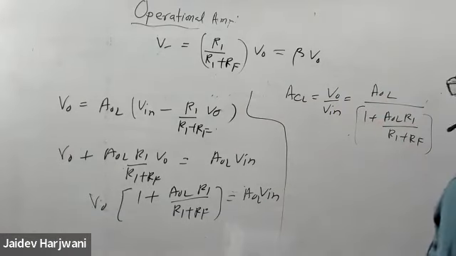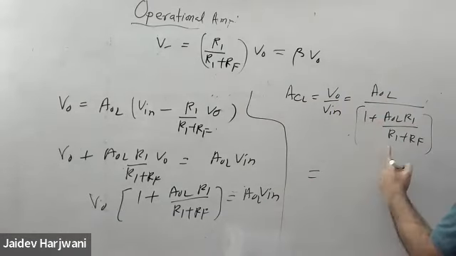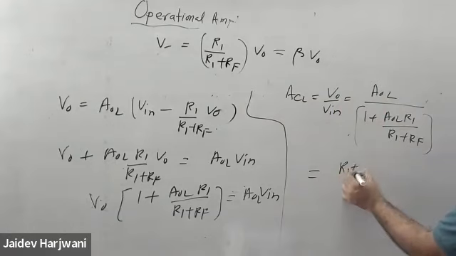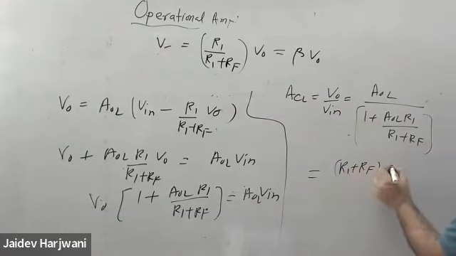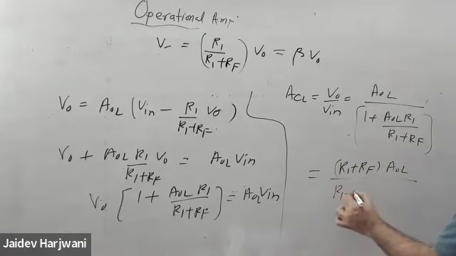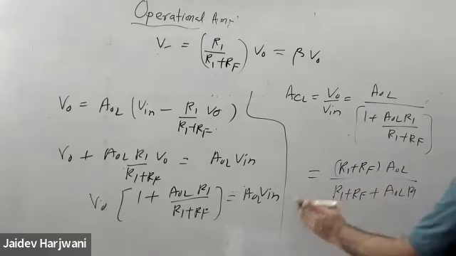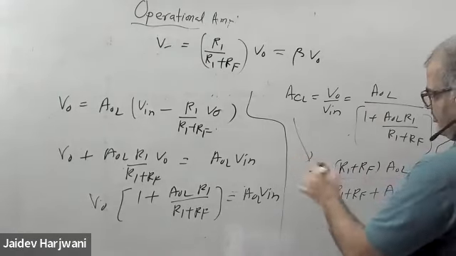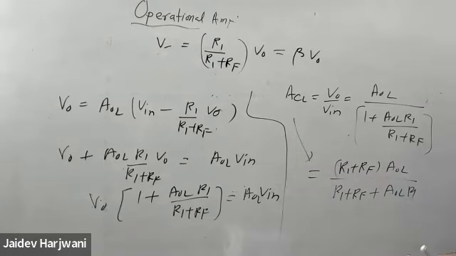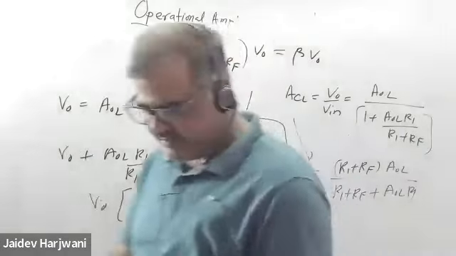And this also can be written as (R1 plus RF) AOL upon R1 plus RF plus AOL R1. So this is basically your formula for this closed loop gain, and this can be simplified further.